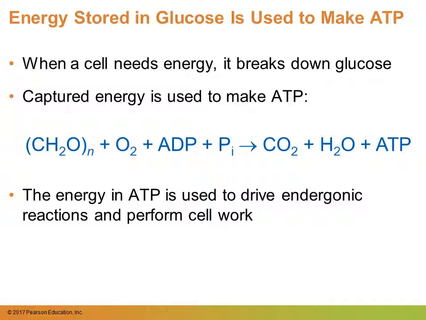So when cells need energy, they need glucose, and that's the breakdown of glycogen and starch. And this energy is converted from glucose into ATP.